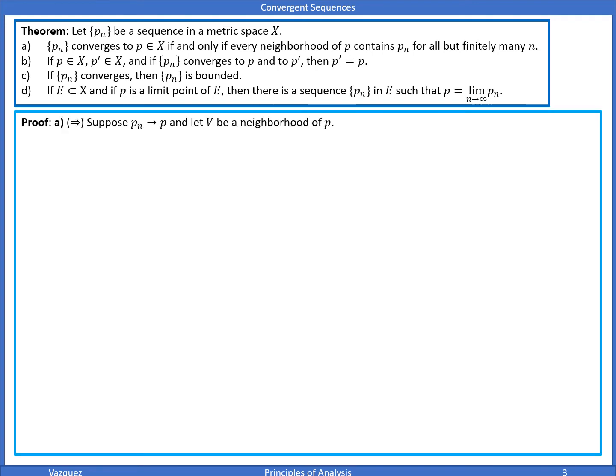We'll go over them. So first one, proof of A. A is probably the longer one because it is biconditional.